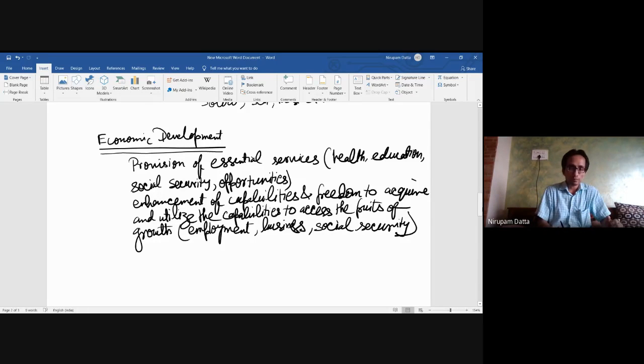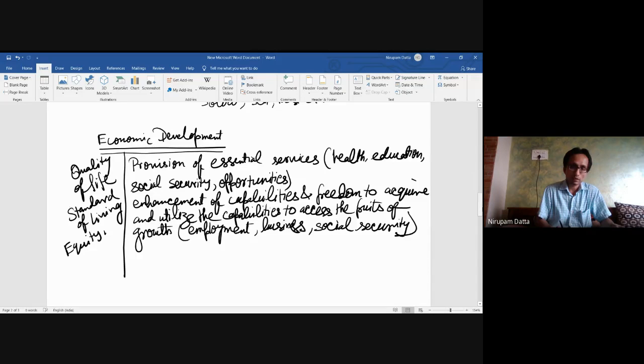So there are other aspects, other parameters. So quality of life, improvement of quality of life, then standard of living, then equity in distribution of growth, impacts of growth or fruits of growth.